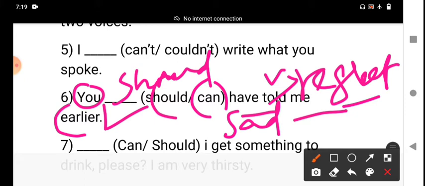At that time we use the modal verb should. You should have told me earlier. That's why I regret, I feel sad, I feel repentant. One of the functions of should is, we use should to express surprise or regret about something that already happened.